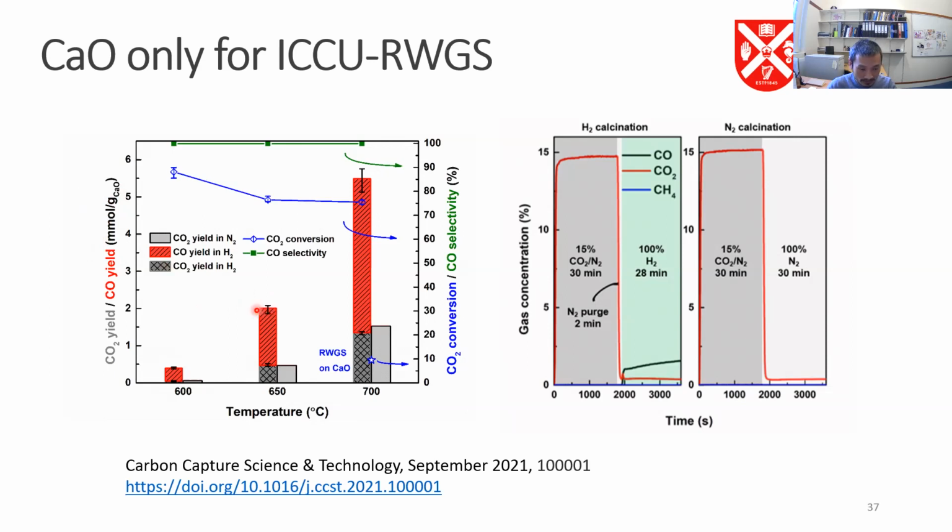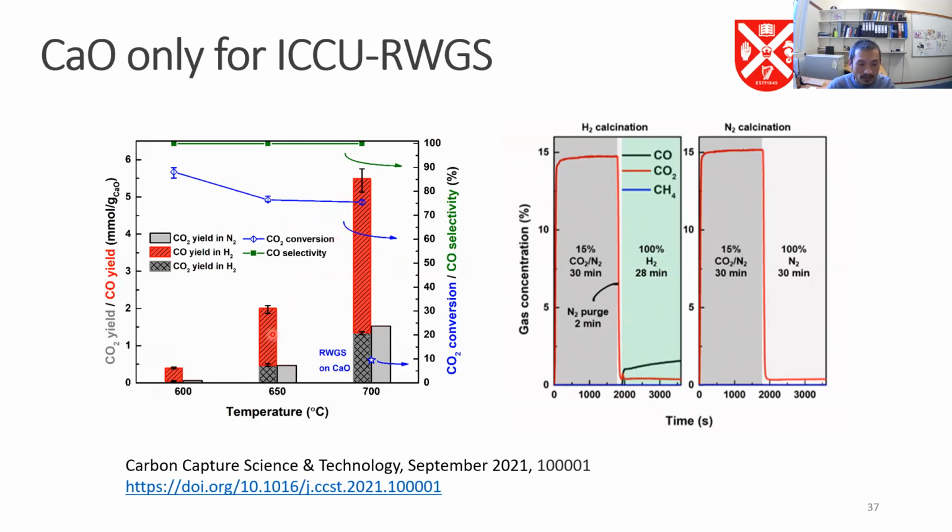It's reasonable because we understand for MOF-based materials, the value is less than 1. It's about 1 millimole per gram of sorbent. In our case, if we do this at 700 degrees, you have about 5 millimole per gram of sorbent. So it's a relatively high value.